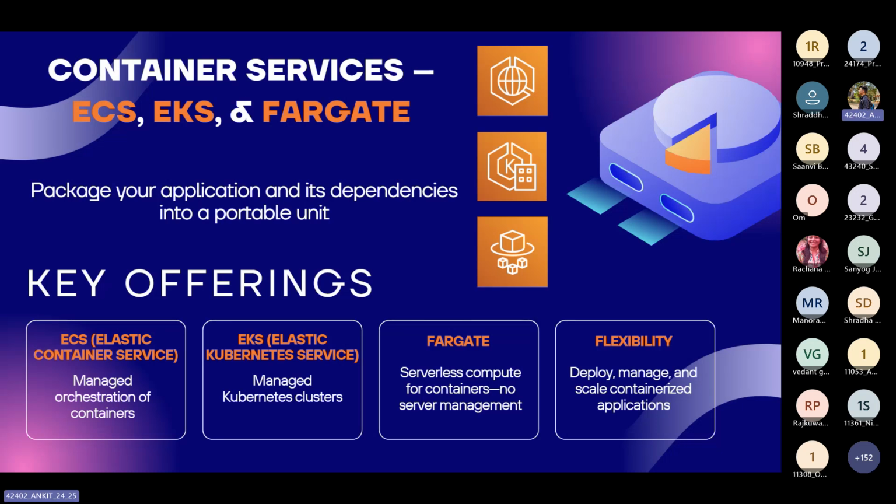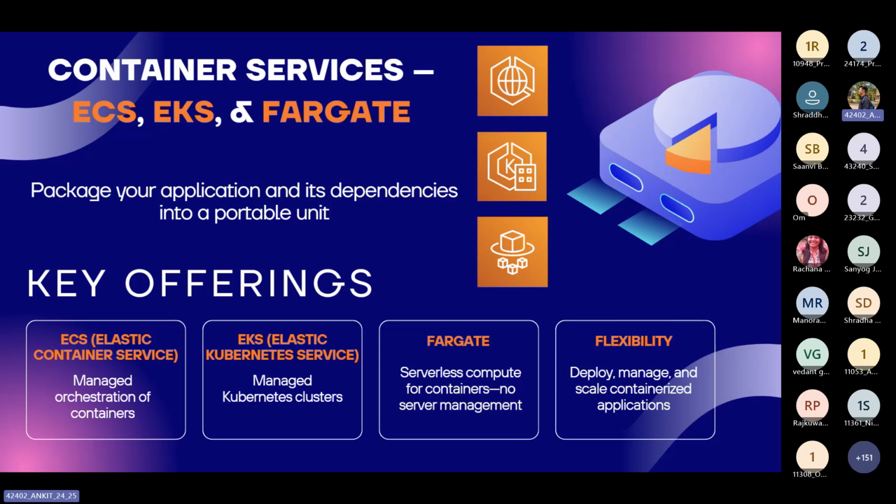That's the main concept of using containers. If any of you have used them in your projects, it helps you in isolating the environment and running consistently across any environment. AWS offers several container services, like ECS for native container management, EKS for those who prefer Kubernetes, and Fargate, which lets you run containers without managing the underlying servers.